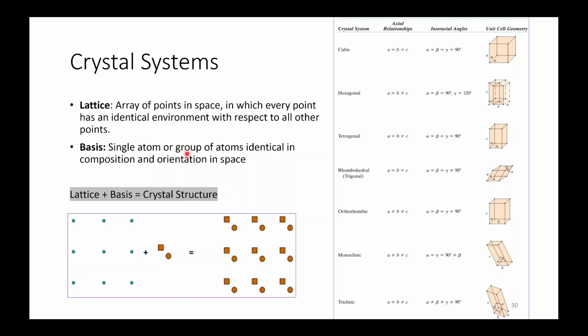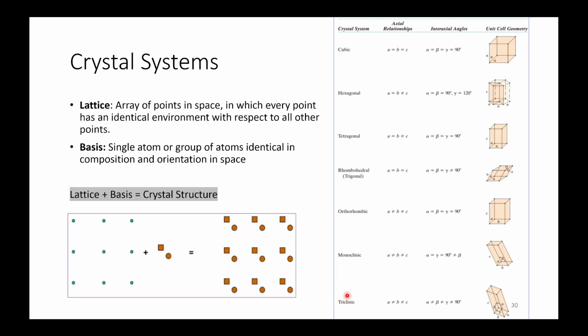It can be a molecule also. So a group of atoms identical in composition and orientation in space. So this will be a lattice which is in space. So when we put some atoms on these lattice points, we'll get a crystal structure.